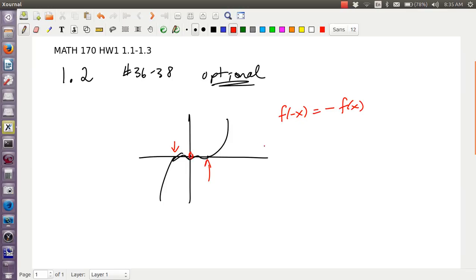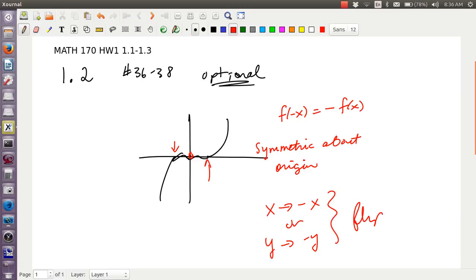This means you're symmetric about the origin. And that's the same phenomenon you will see if you replace x with negative x, or y with negative y, and you get a flip happening. Flip about origin. So that's the other situation, but there's 2 ways to find that situation.